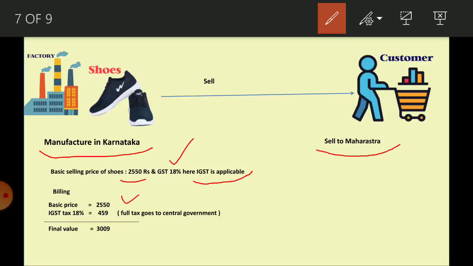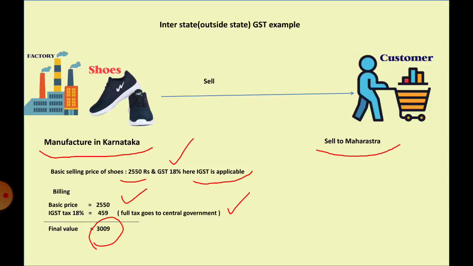Basic cost is 2550 rupees and 18% IGST is coming to 459 rupees. Put together, the final value to the customer will be 3009 rupees. The tax of 18%, 459, entire amount goes to central government. Here, the manufacturing state Karnataka and consuming state Maharashtra will not get any tax benefit from this transaction.